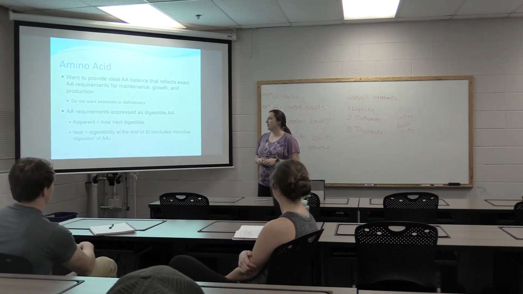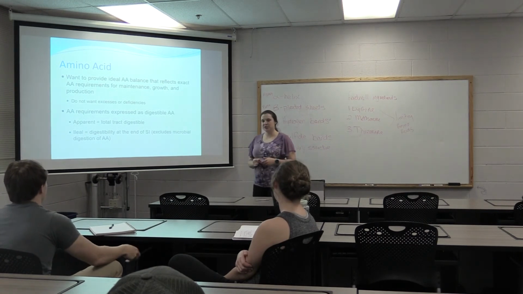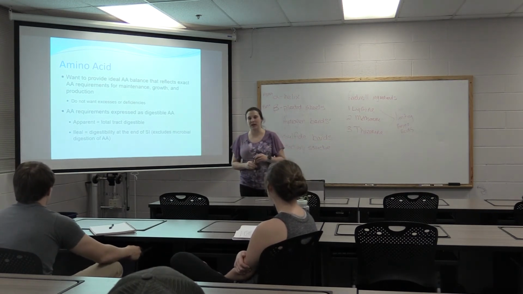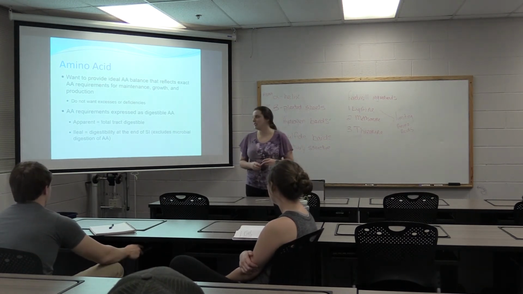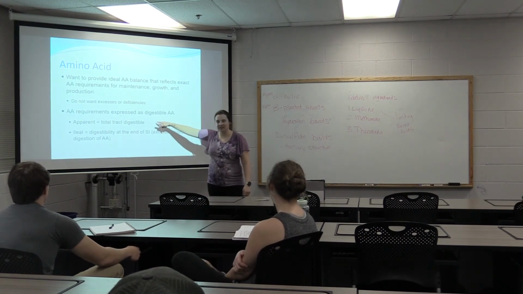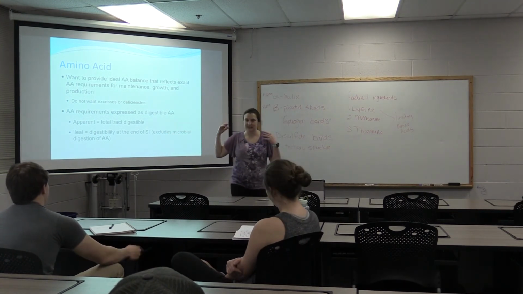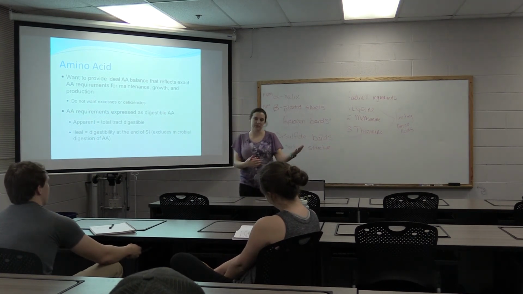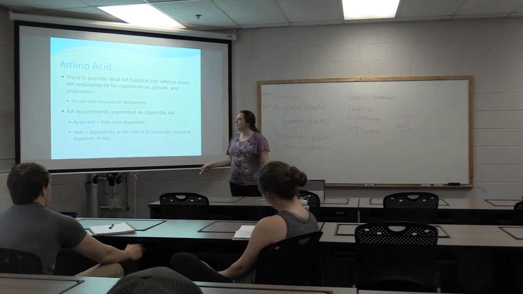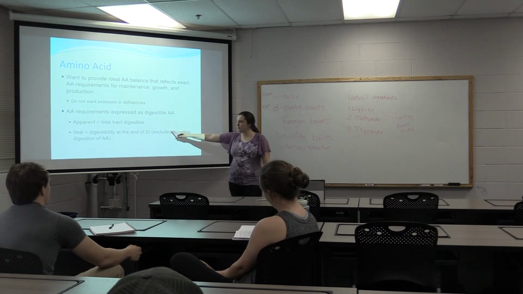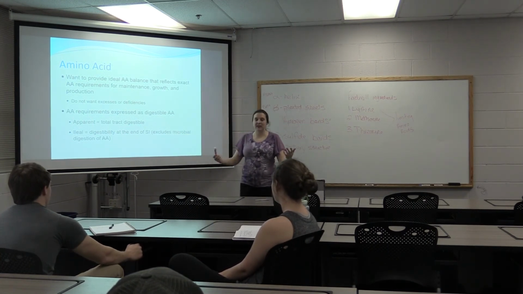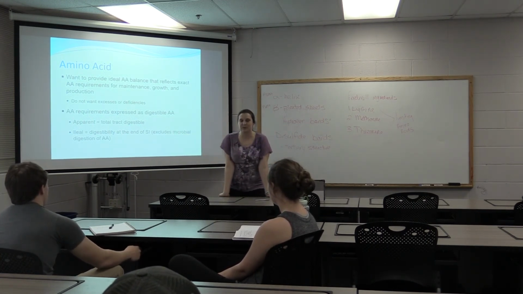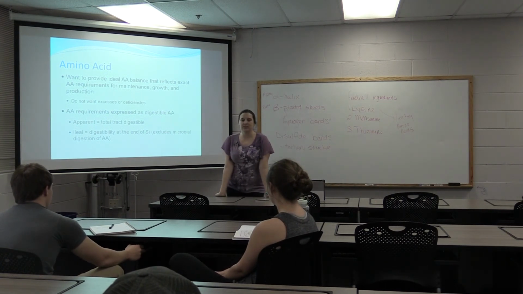So you all are nutritionists, so what would be a way to differentiate? So we know apparent is looking at the whole thing, collecting the poop, right, and comparing to what we fed. How would you calculate, as a nutritionist, the ileal or digestible amino acids?